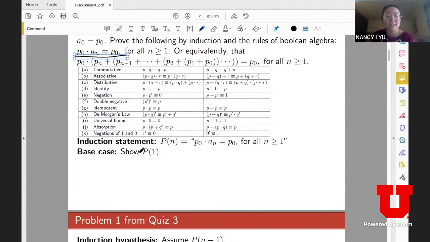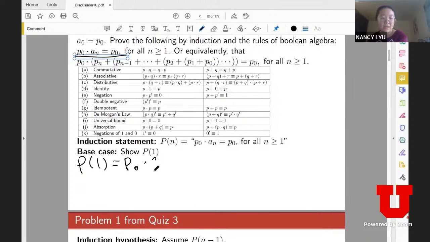And we have the induction steps. We have the induction statement here. And we're going to first start with the base case, show that P1 is true. So let's write out what P1 is. We substitute this.